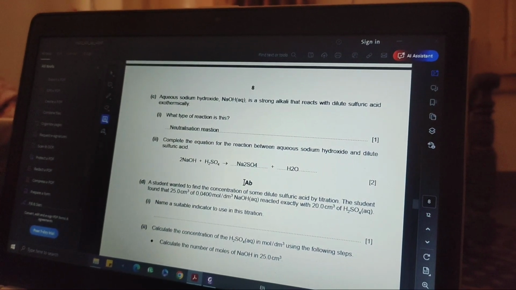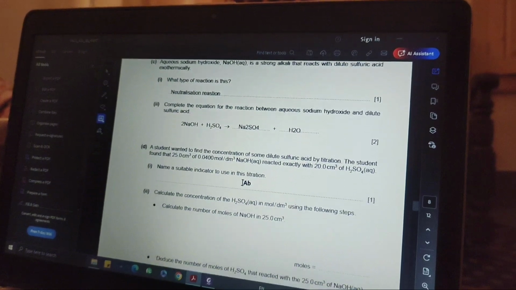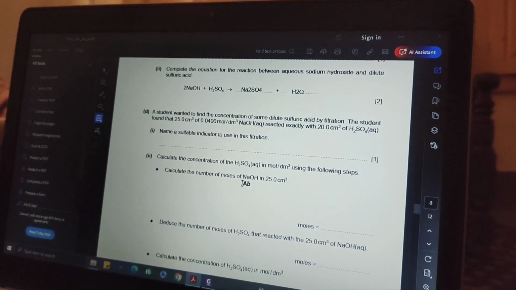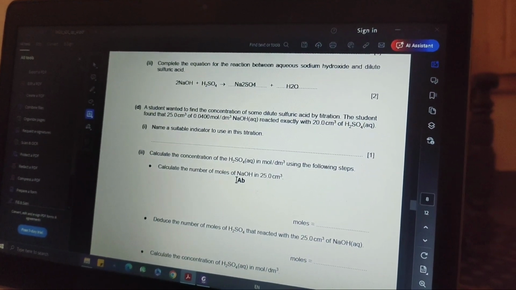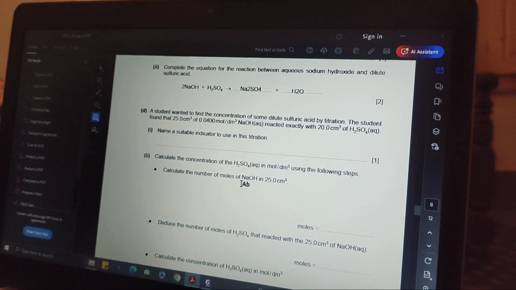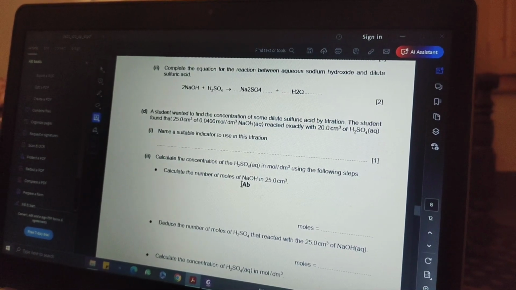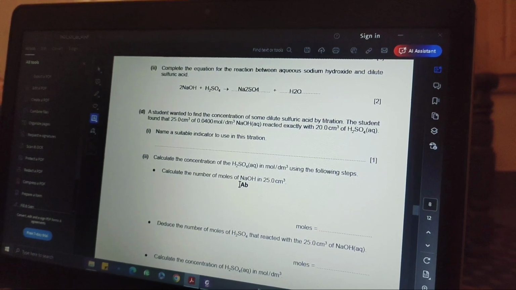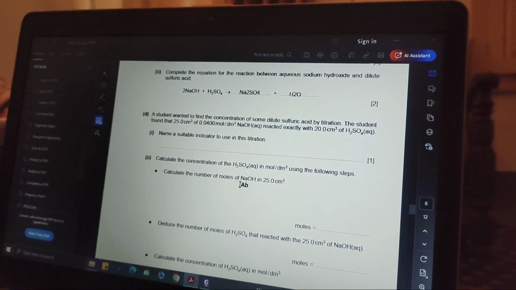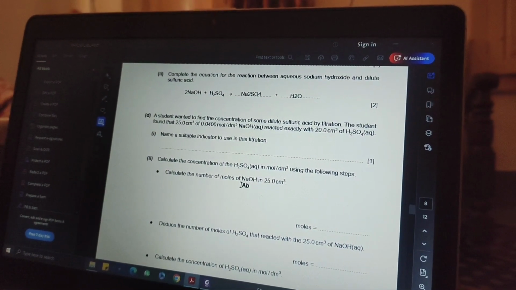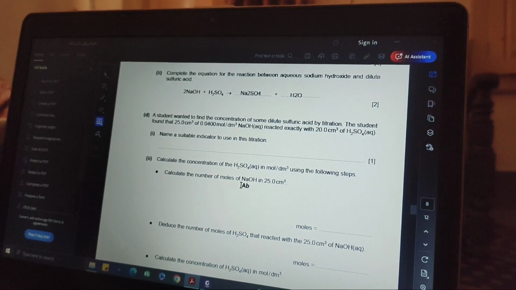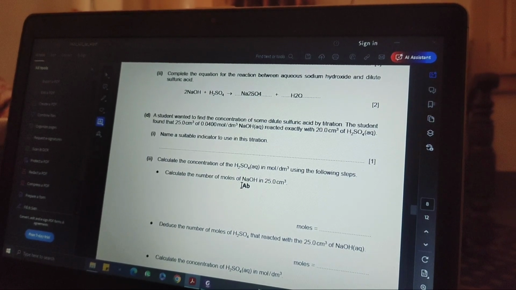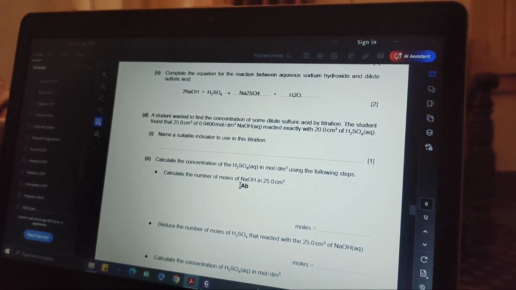Okay, so a student wanted to find the concentration of some dilute sulfuric acid by titration. The student found that 25 cubic centimeters of 0.0400 mole per decimeter cube sodium hydroxide reacted exactly with 20.0 cubic centimeters of the acid. Name a suitable indicator to use in this titration.